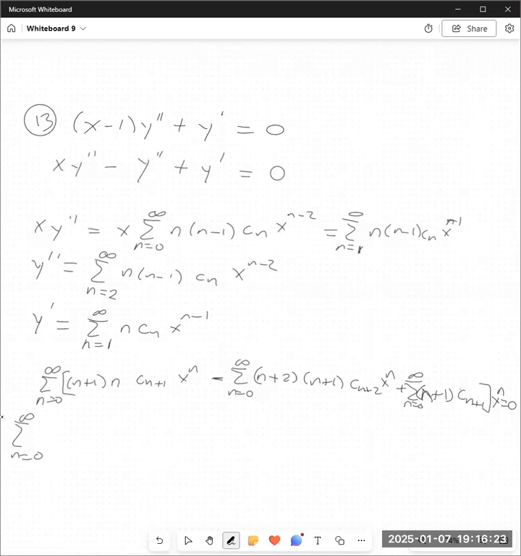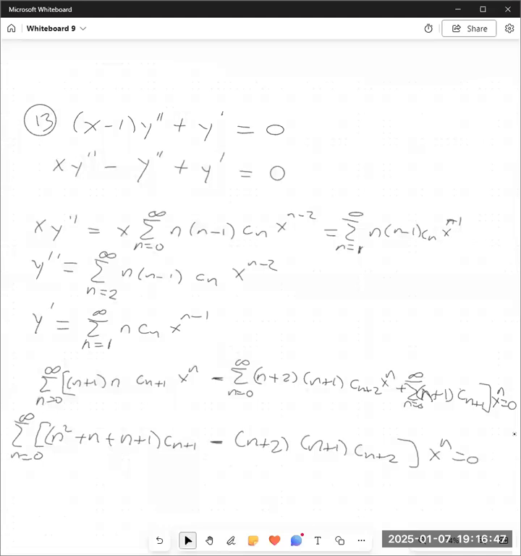So let's go ahead and try and write this all as a single series here. So let's see, we have n squared plus n plus n plus 1, c_{n+1}, minus (n plus 2)(n plus 1) c_{n+2}, x^n equals 0. So all that comes from this and this are both c_{n+1} terms that can combine here.